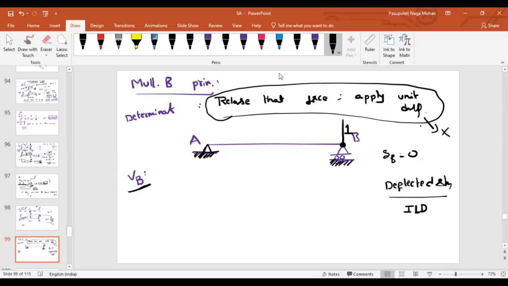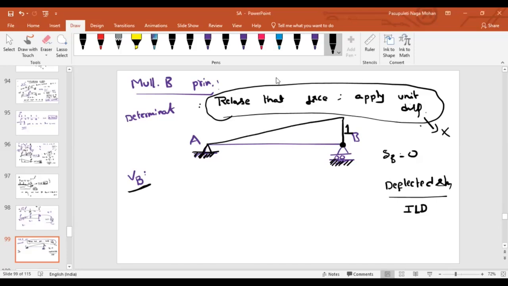Imagine, take a pen with your hand and hold it at the left support, then with your right hand move it to some displacement and tell me how it is moving. Take a pen and imagine your left support is A, hold it with your fingers, and at support B, try to lift it up. How is the deflected shape going to look? Like a triangle, sir. Triangle.